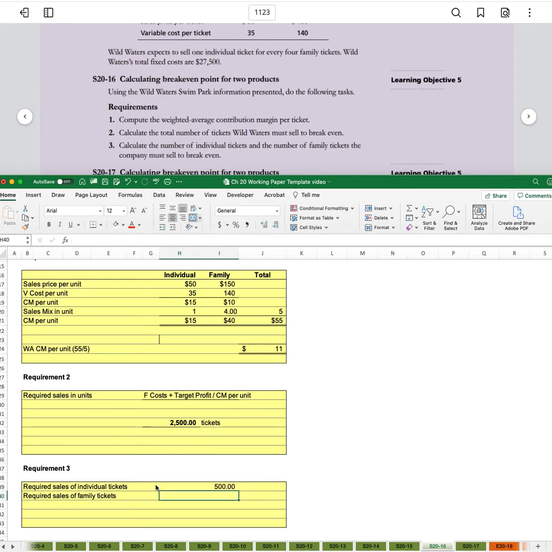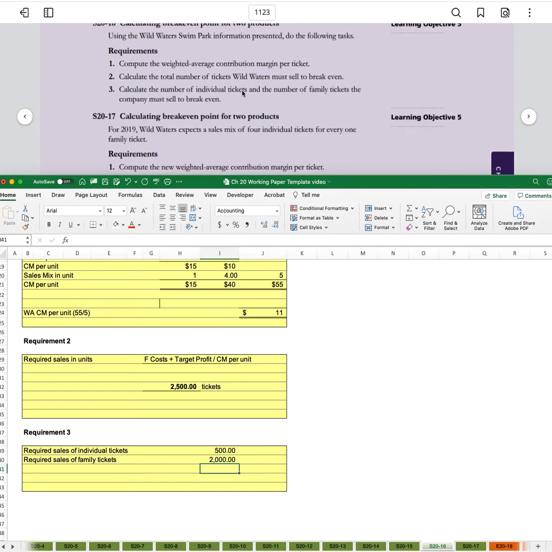So we need to sell 500 individual tickets, and that means 4 out of 5 times 2,500, which gives us 2,000. We could do a double check and add these two together, and that must equal the required sales in units of 2,500, which it does.